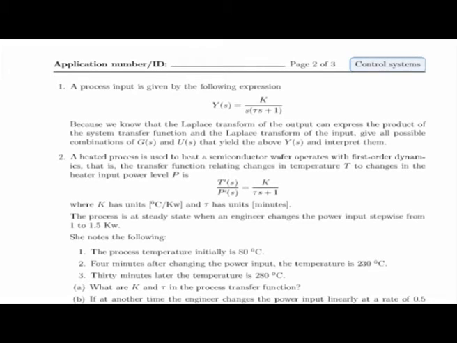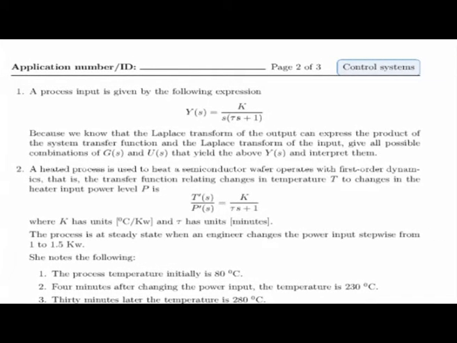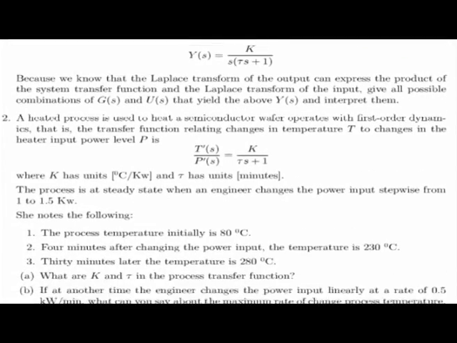So now how many of you are able to approach that problem, or how many of you have not yet understood what has been asked in the problem? It says a heated process is used to heat a semiconductor wafer, and it operates with first order dynamics.